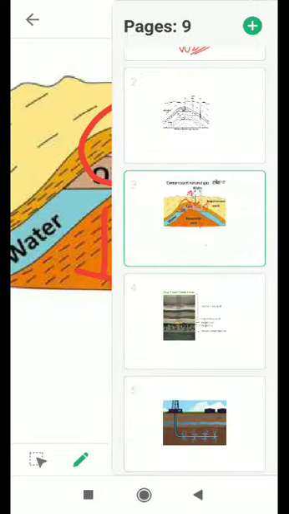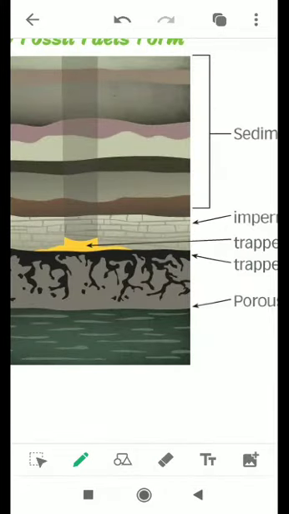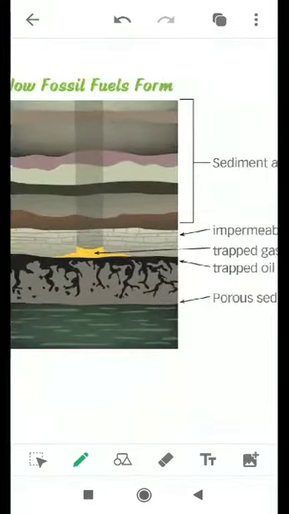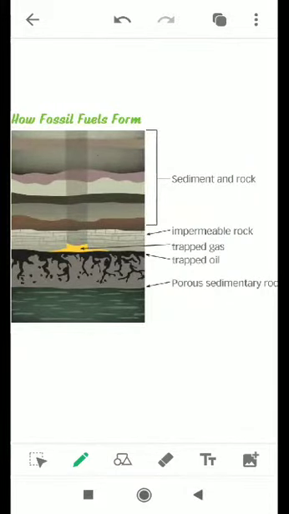Okay. This is how petroleum is formed. See, these sediments and rocks. When aquatic plants or animals died and were buried under the sediments and rocks, due to the pressure and the heat, they converted into petroleum.